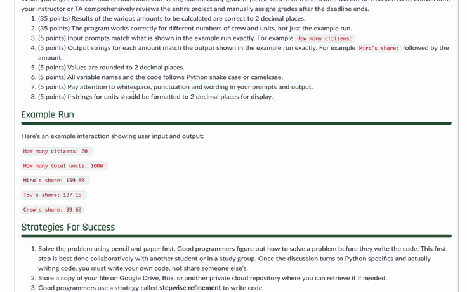The last rubric is about the F string, how to formulate the string as an output. You need to know how to use an F string. You need to use the F string for units that should be formatted to 2 decimal places for display. Keep in mind, whenever you're displaying these numbers, you need to format them using an F string.